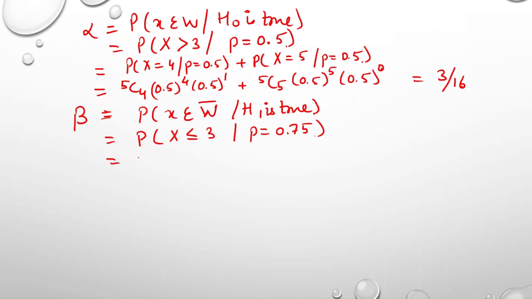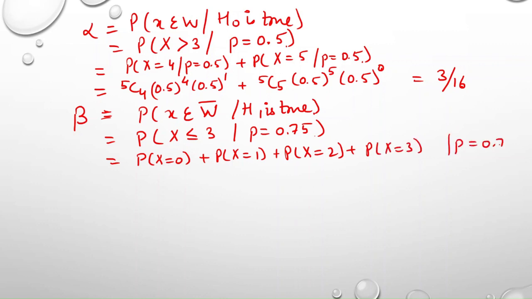So here we'll be talking about P of X equal to 0, X equal to 1, X equal to 2, as well as X equal to 3, given that P is 0.75. Now putting the values here, instead of this I can also calculate 1 minus P of X greater than 3. So it includes only 4 and 5.